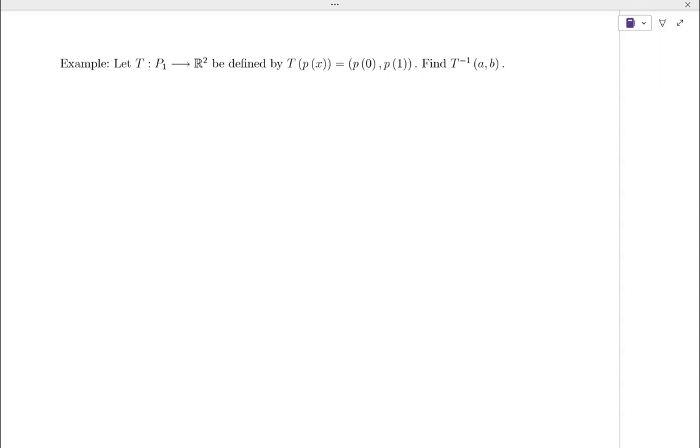The way we get the output is to plug 0 into the polynomial and plug 1 into the polynomial and use those for our components of R2. So again, if we want to find what we're referring to here, this is a standard matrix. What do we need to do?